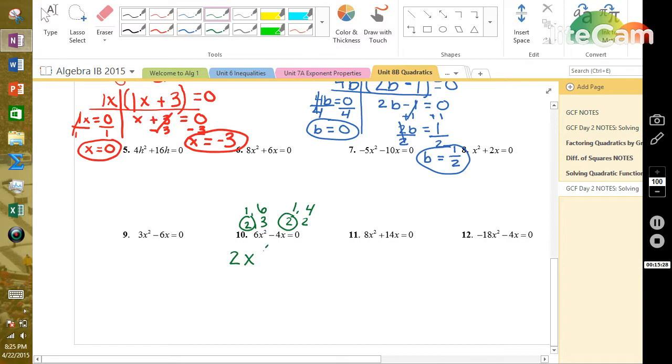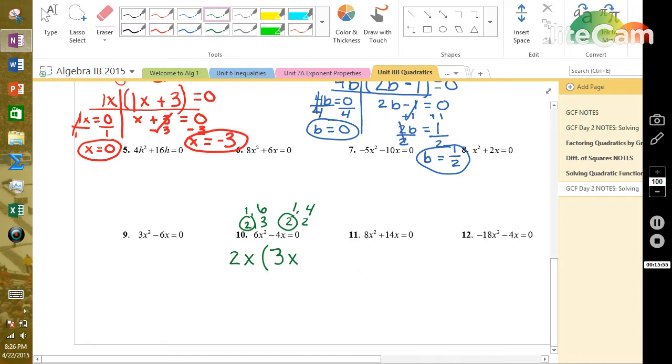Now we have to see what's left over. So 2 times what gives me 6? 3. 2 times 3 gives me 6. I had 2 x's, I took 1 away, so there's 1 x left over.